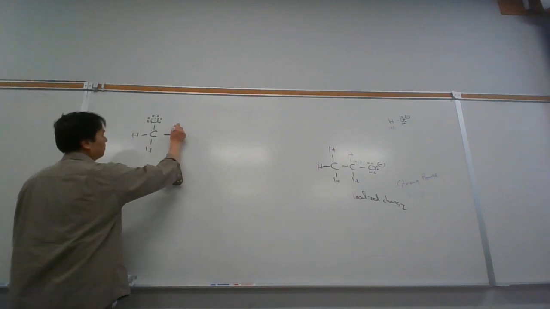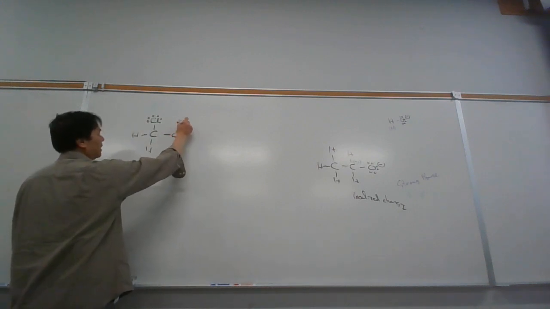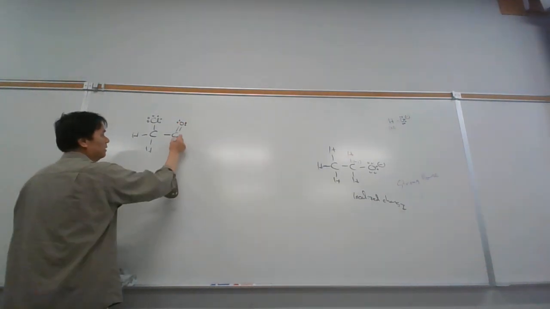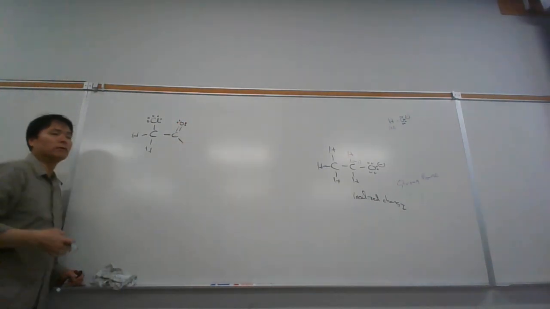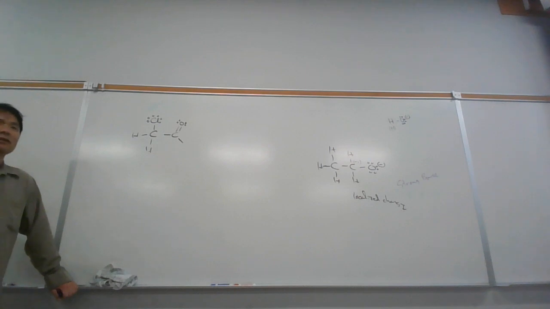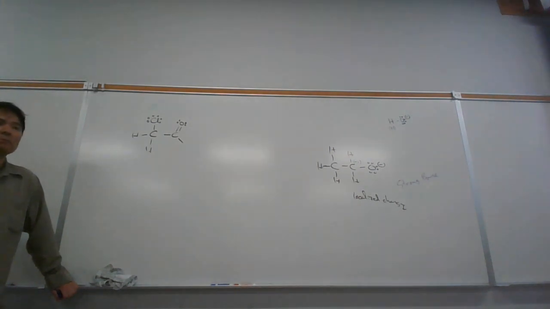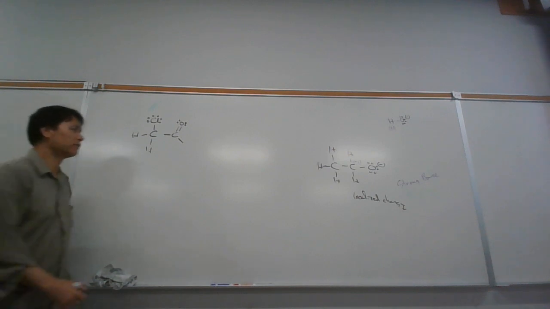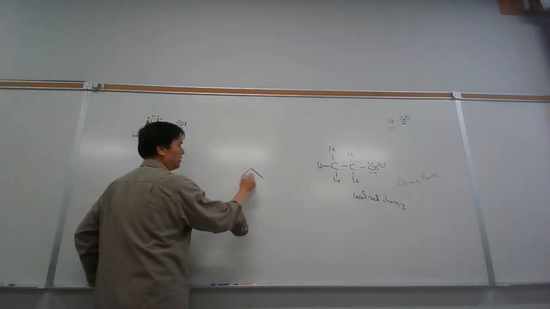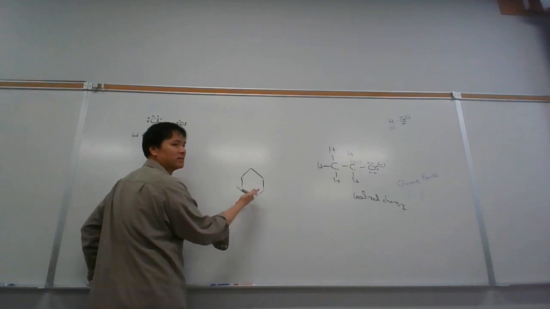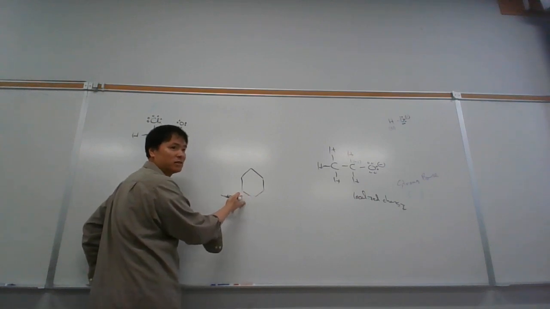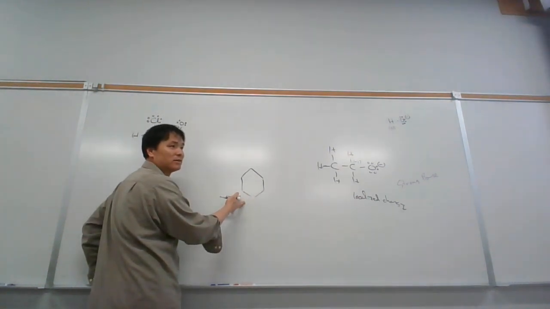Do you know why organic chemists do that? Because, number one, it takes too much time to write all the dots. Number two, somebody can look at the structure and immediately see it. Like for this, organic chemists can immediately see it. Can you see it? This is cyclohexane.